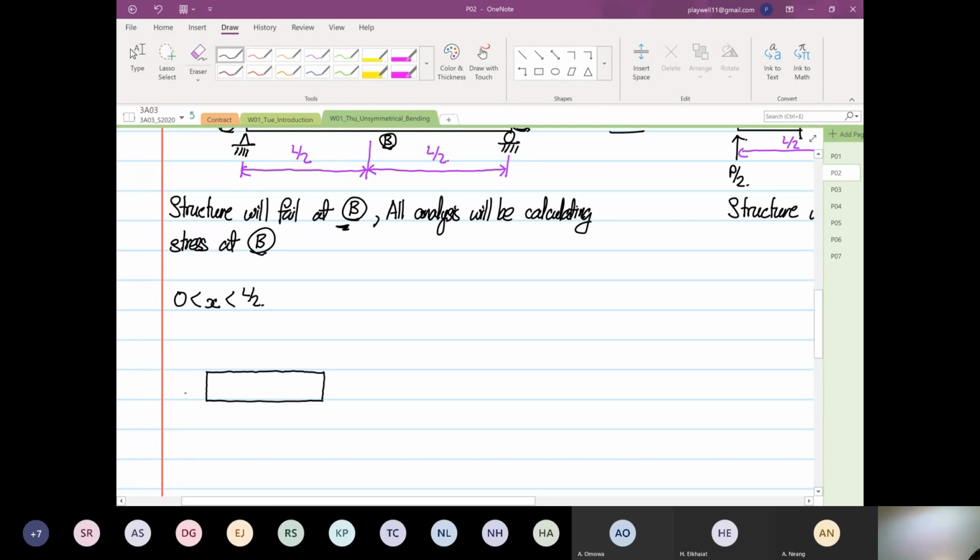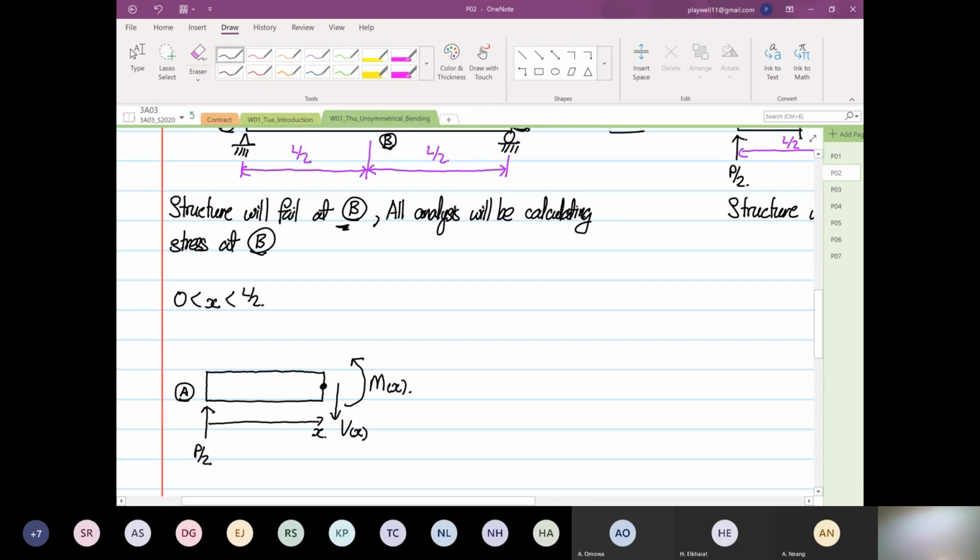So this is our point A, and over here we have a reaction force, which is P over 2. And this distance is X. We want to find out what is happening at point X. This is the shear force as a function of X, and this is the moment as a function of X.